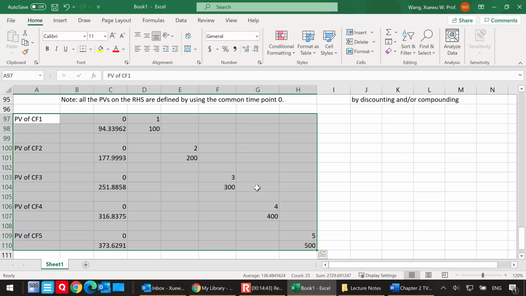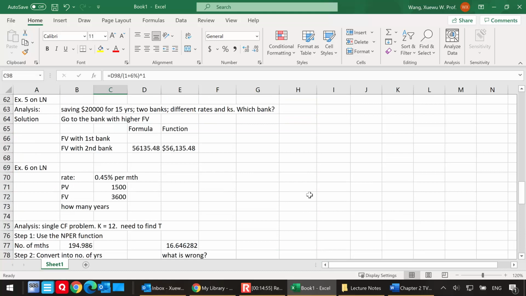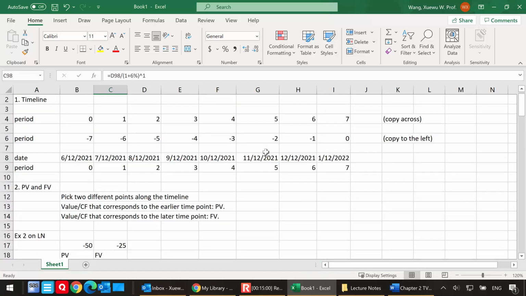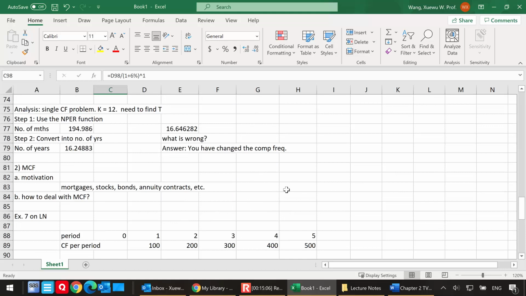So I start to think, can we find a way to streamline this process and in particular, can we just get one present value and copy across? Remember earlier, we discussed this nice trick in Excel. You can build a formula and copy across. So the answer is yes.